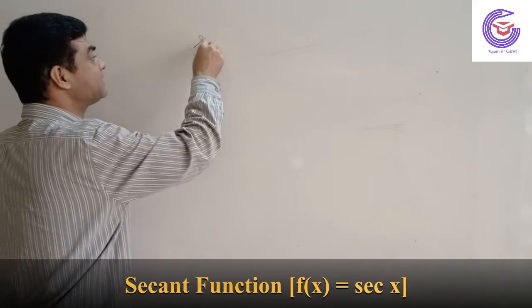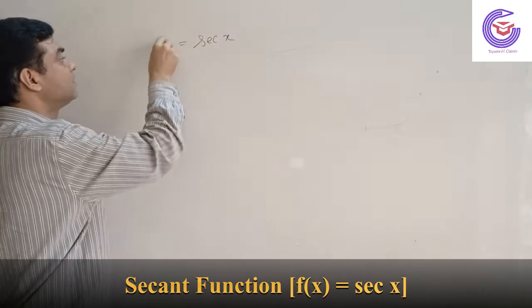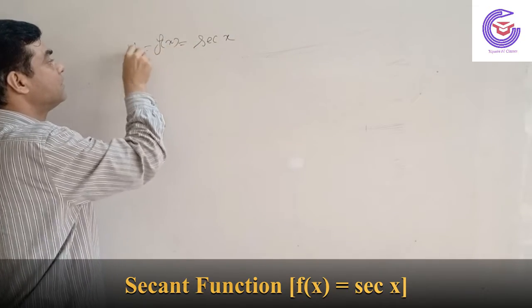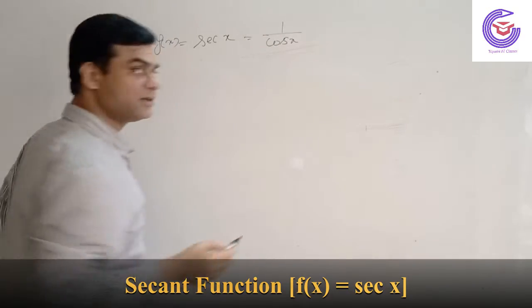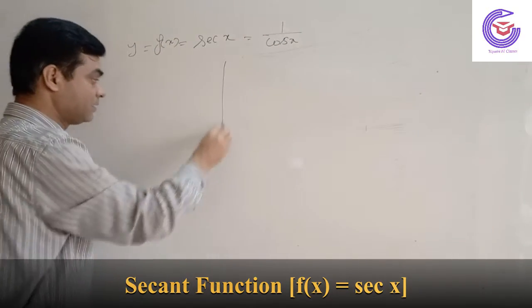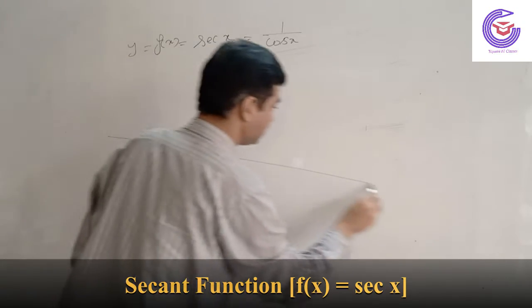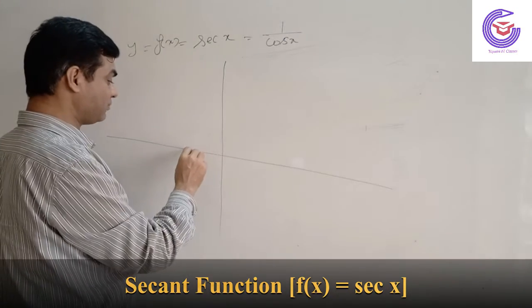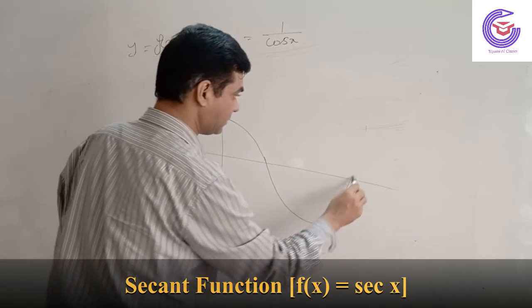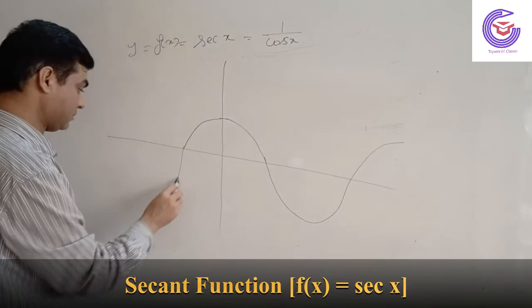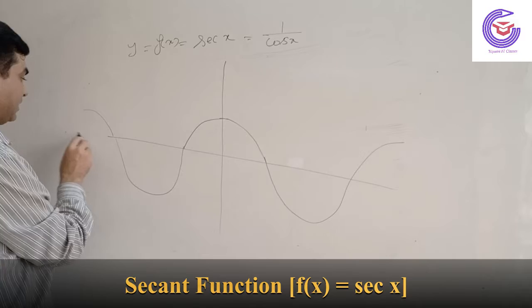So sec x function is 1 upon cos x. So let's plot first cos x. Just now I told you how to plot cos x. So this is your cos x. And put the value.